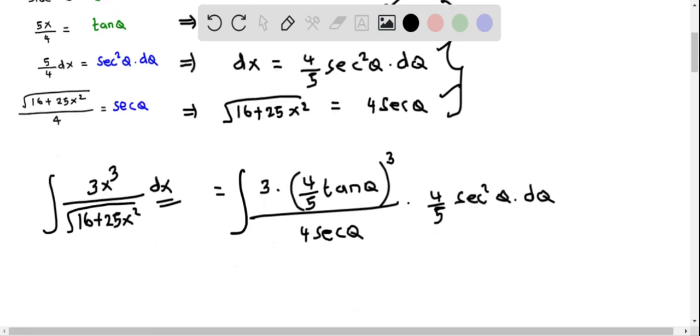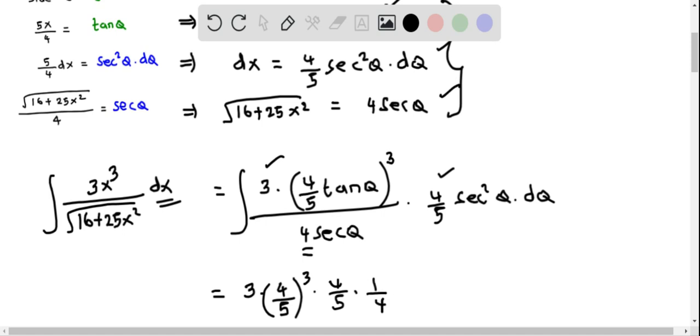Now let's simplify this, and this equals, first let me collect all the numbers. So I have 3 over here, so I put 3 here, and this 4/5 is under the quantity cubed. So this equals 4/5 quantity cubed, and we then have this another 4/5. So I put 4/5 and divided by this 4, so I can write down this as 1/4.